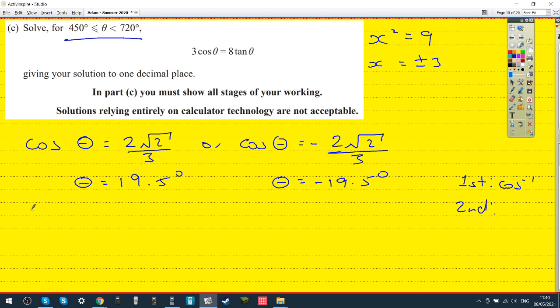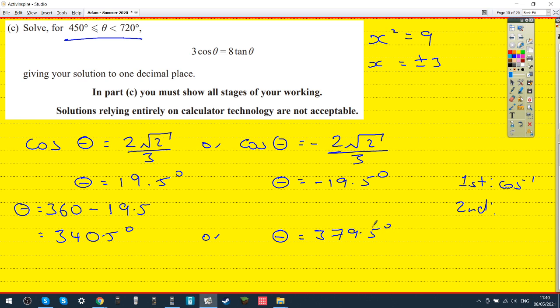For the second answer for cos, do 360 minus the first answer. Okay. And you get 340.5. And the other one? Wouldn't that be adding a double negative? Yep. It is 379.5.